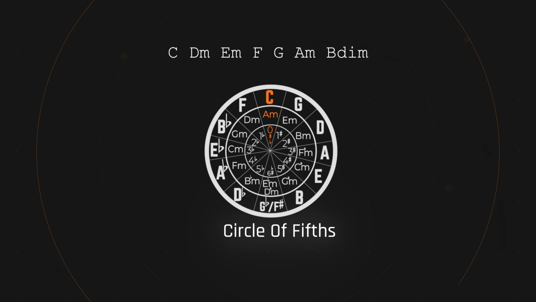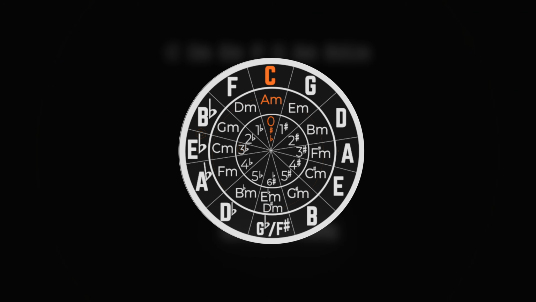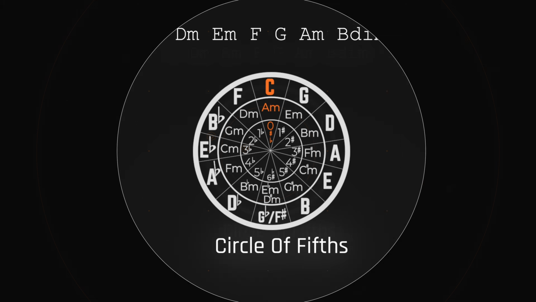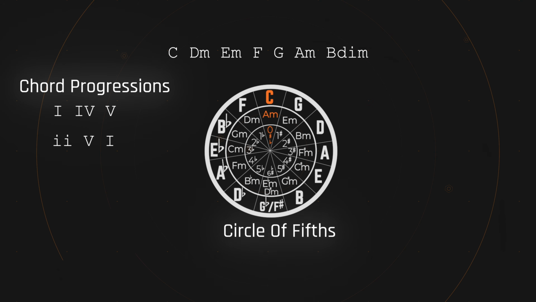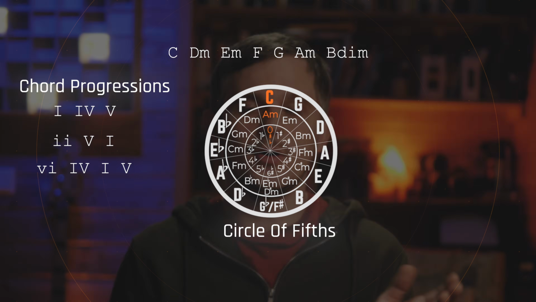Practice each triad across the fretboard until you're comfortable with all the triads in the key of C major. And once you've mastered these, you can either move on to a different key or stay in the same key and practice chord progressions like 1-4-5, 2-5-1, 6-4-1-5 or whatever.